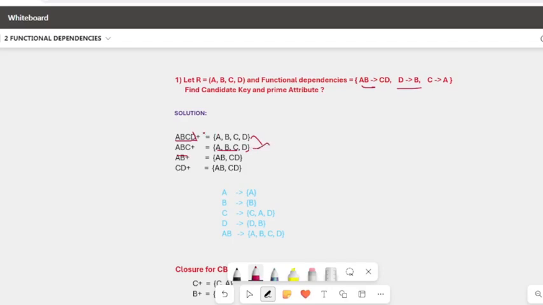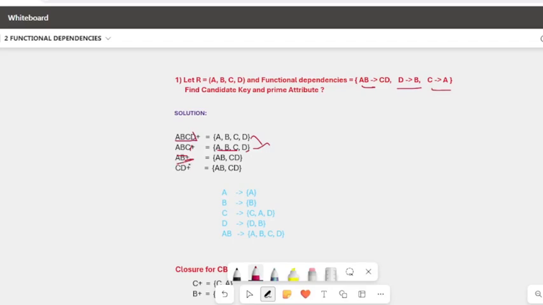Likewise, for each and every term we reduce the attributes and find the closure. That closure must be a super key combination. So let's reduce from this term. Here C is removed, and since C determines A, instead of C we can replace it by A. So AB.